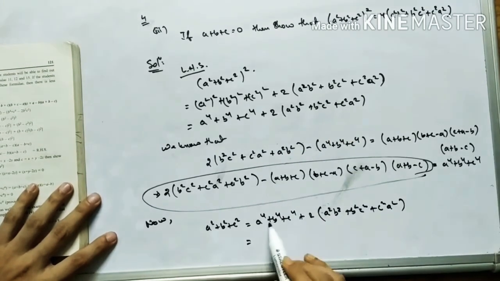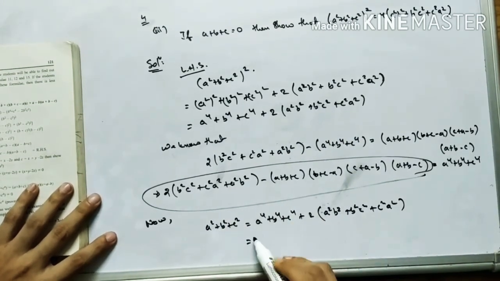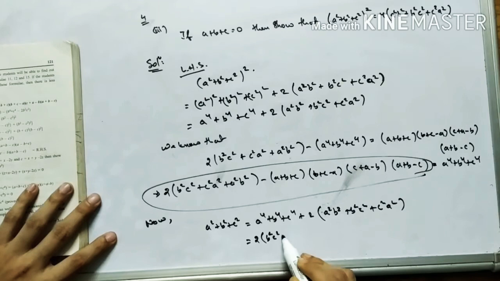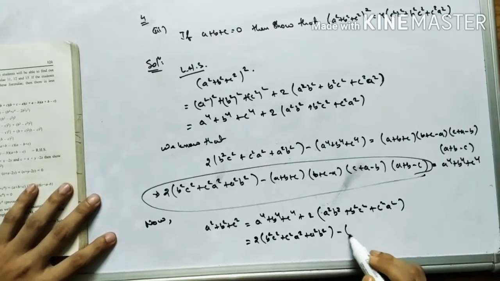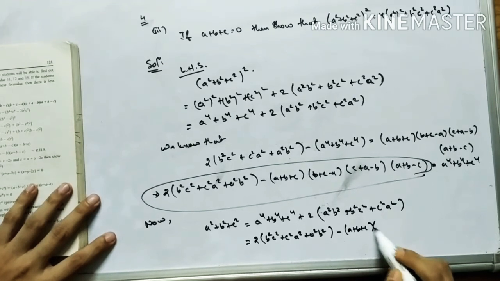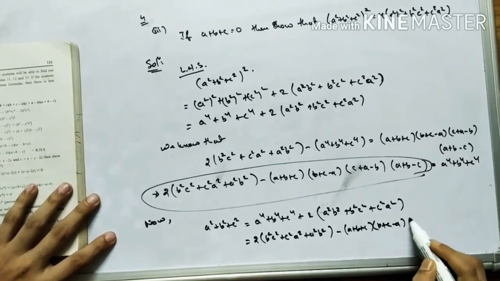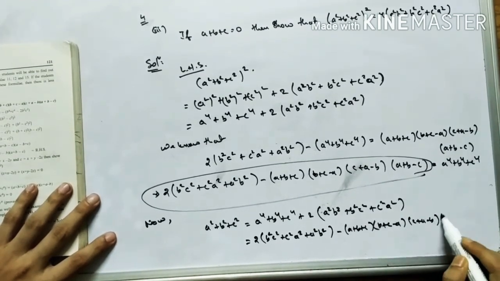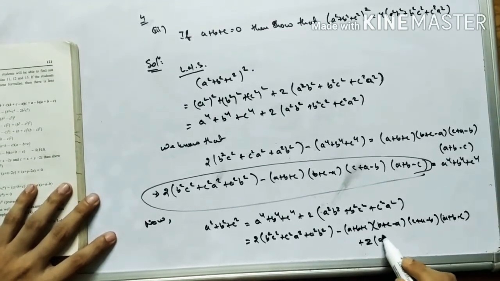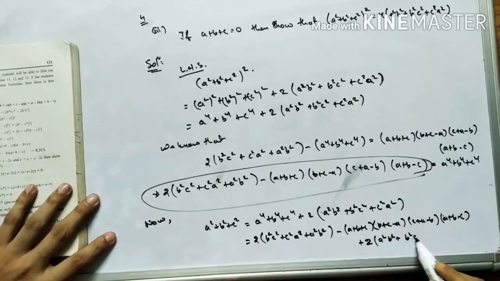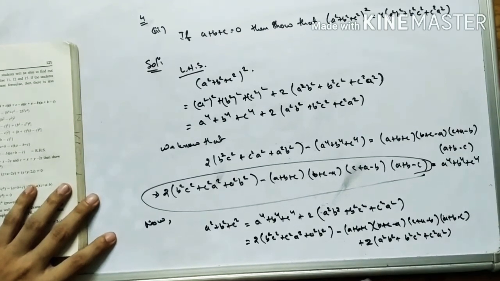Now this value I will put in here. So this is twice (b square c square plus c square a square plus a square b square) minus (a plus b plus c)(b plus c minus a)(c plus a minus b)(a plus b minus c), plus twice (a square b square plus b square c square plus c square a square).